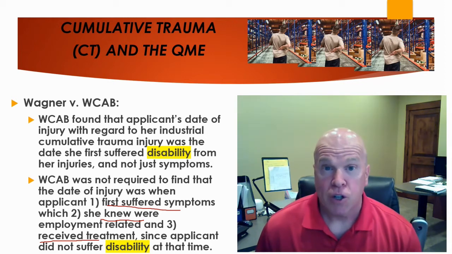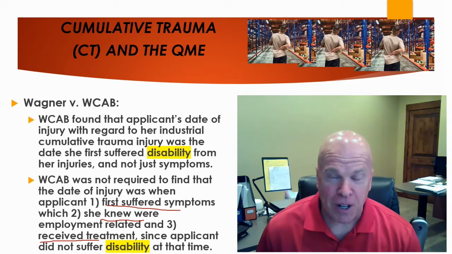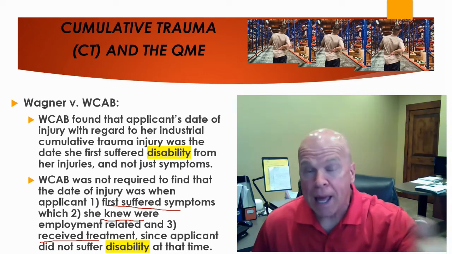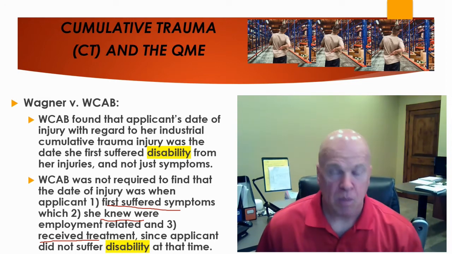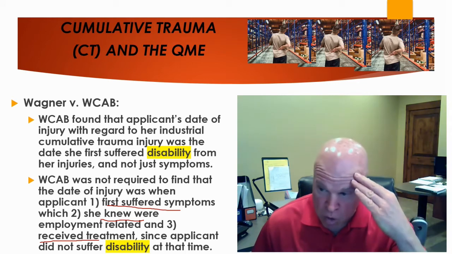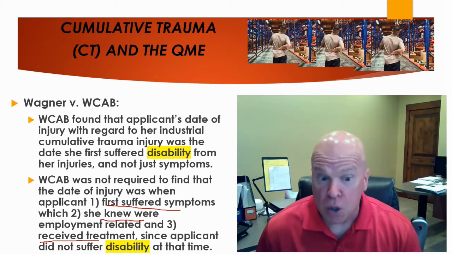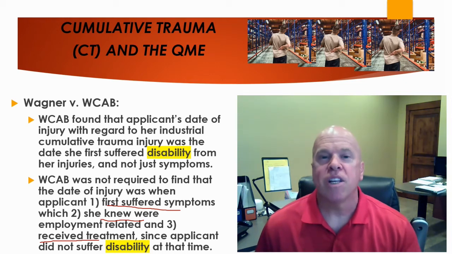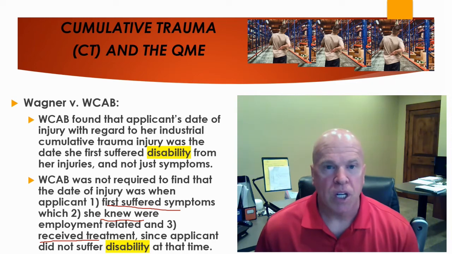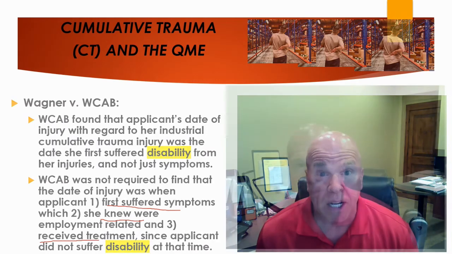So that came as good news to the insurer providing coverage at this particular time, when she first developed the symptoms, when she first required medical treatment, when she first realized that the symptoms were due to the workplace duties. So then what was sufficient to establish the disability and the date of injury?